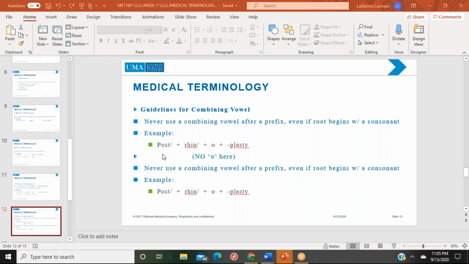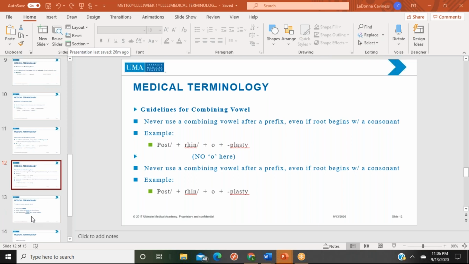So in this example, you never use an O after the prefix. The prefix is POST, the combining vowel is O, your word root is RHIN and your suffix is PLASTY. So when you pull it all together, it's postrhinoplasty. Okay, we're going to go to the next slide.